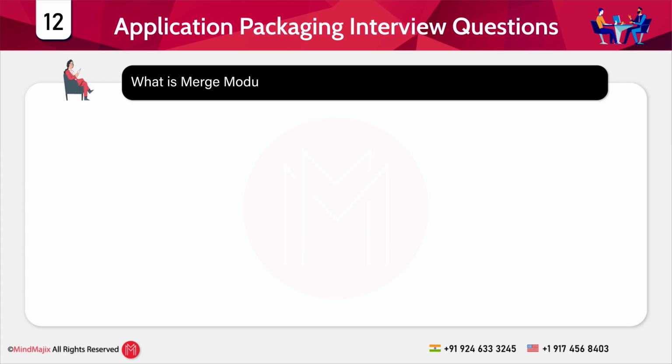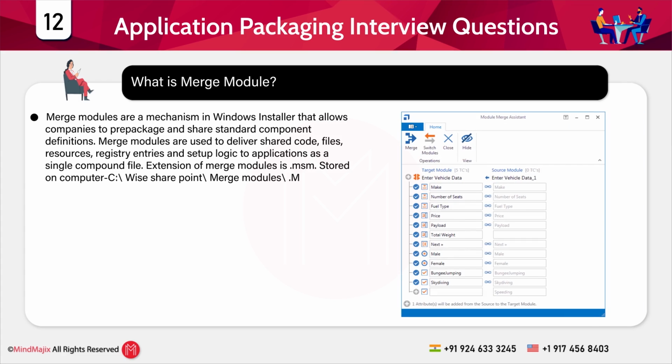What are merge modules? A merge module is also called .msm. A merge module is a mechanism in Windows Installer that allows companies to pre-package and share standard component definitions. Merge modules are used to deliver shared code, files, folders, resources, registry entries, and setup logic to an application as a single compound file.